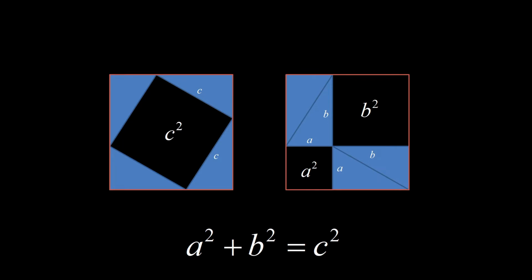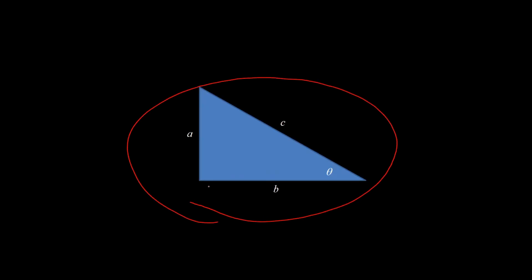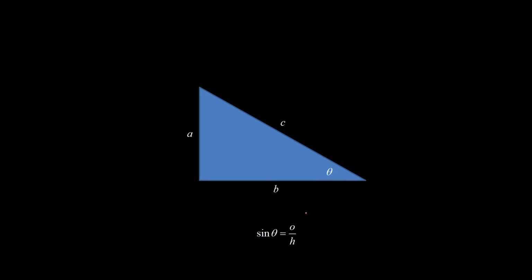Now, the Pythagorean theorem can be used for many things, but for us, there's another thing that we're going to use with it. And to see that, we have to go back to our right triangle. And I'm just going to use the sine function here. Now, the sine function is opposite over hypotenuse.